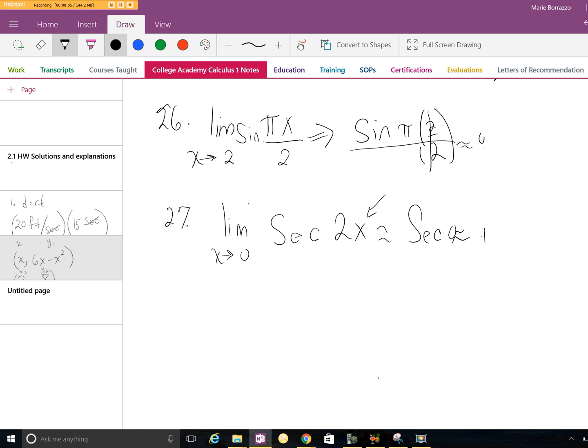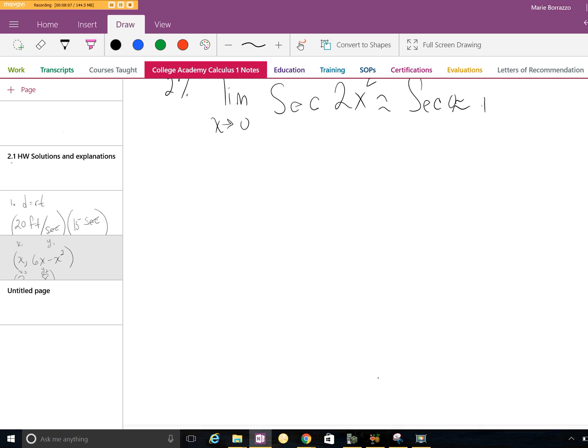Okay, so let's go back to some basics here. So we have sine, cosine, tan. We know that 1 over sine is cosecant. We know that 1 over cosine is secant. And we know that 1 over tan is cotan.